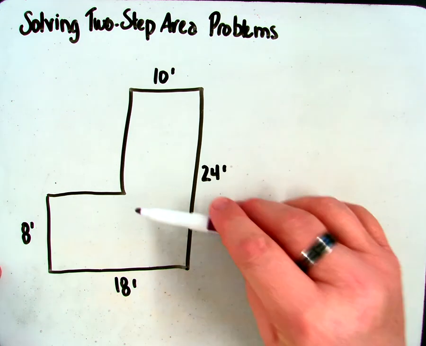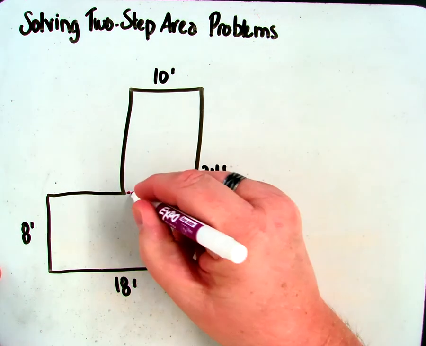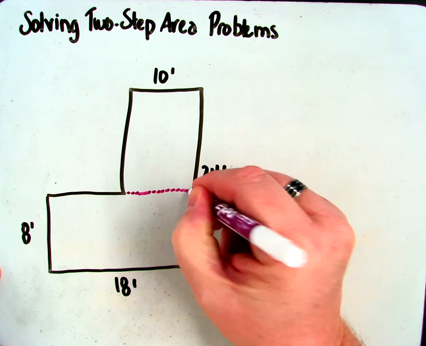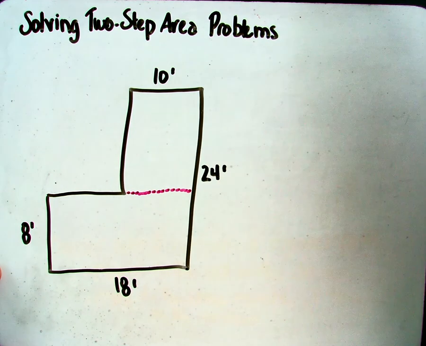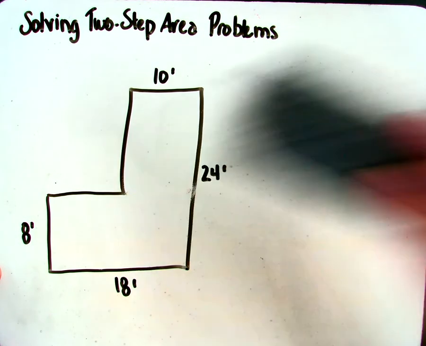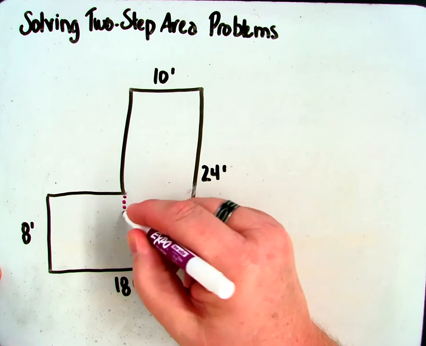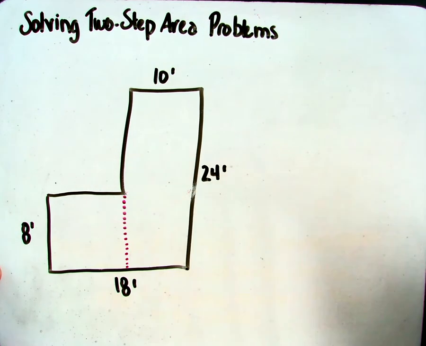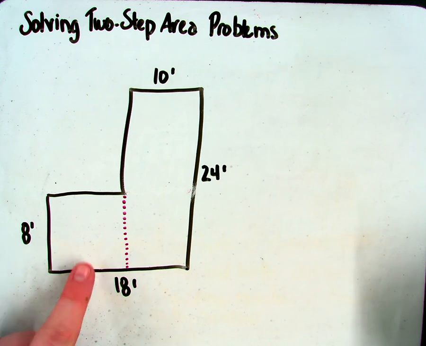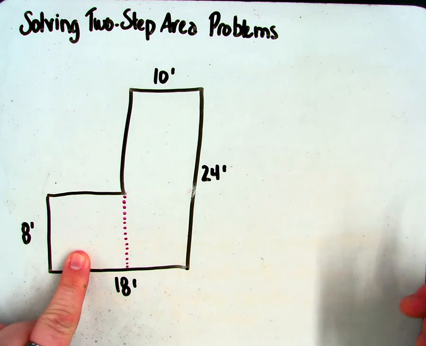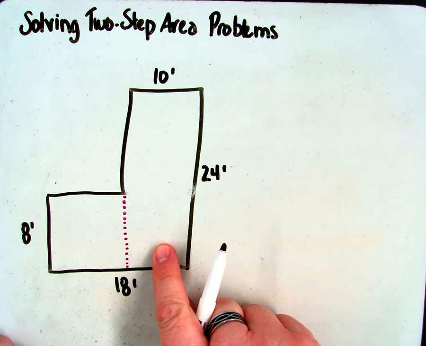Okay, yes, we could make a horizontal division, or we can make a vertical division. Okay? So, let's assume we're going to do a vertical division. That gives us one geometric figure and another geometric figure.